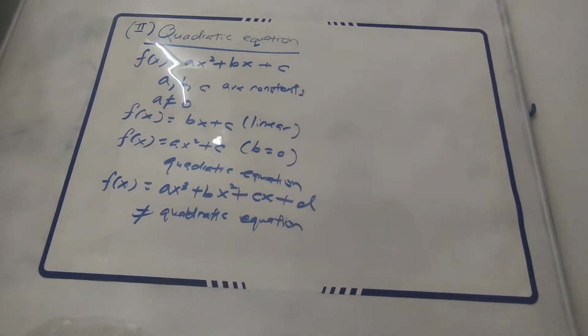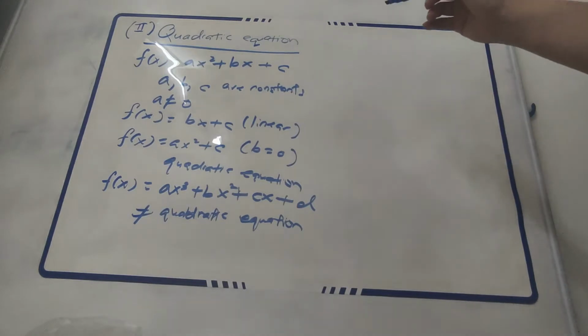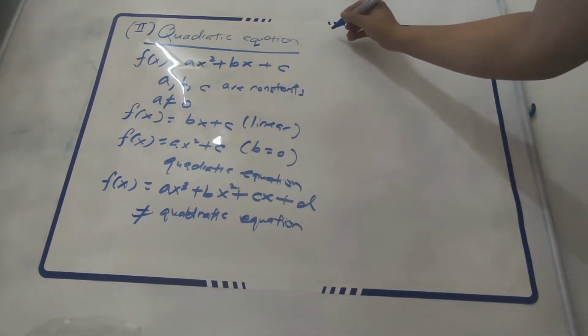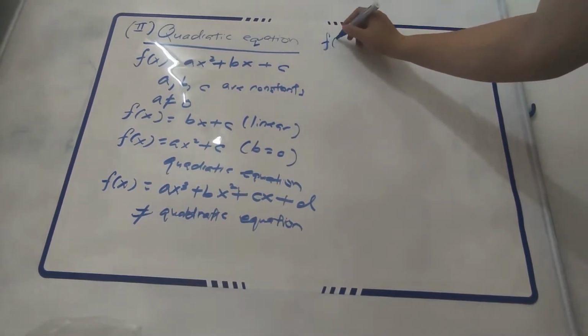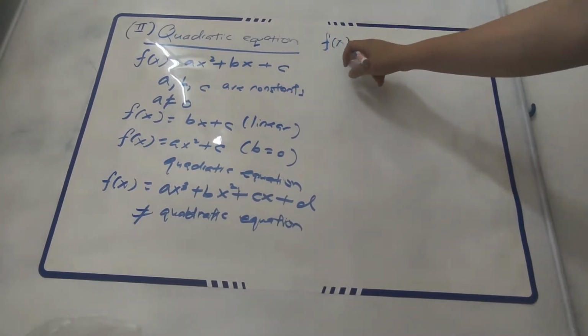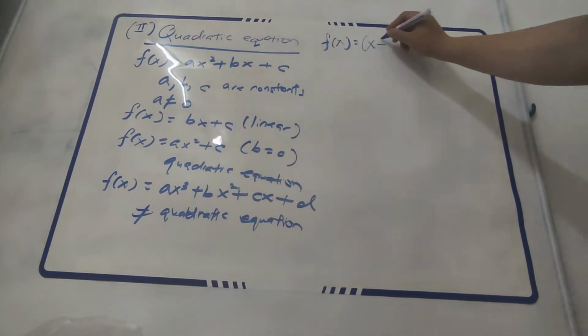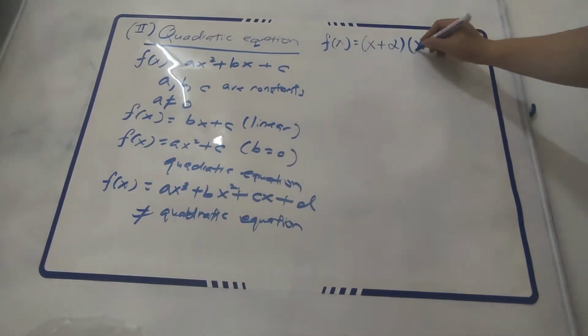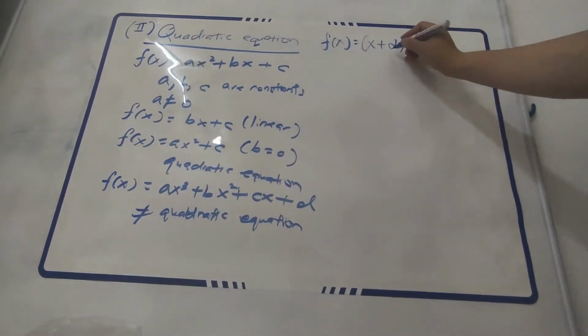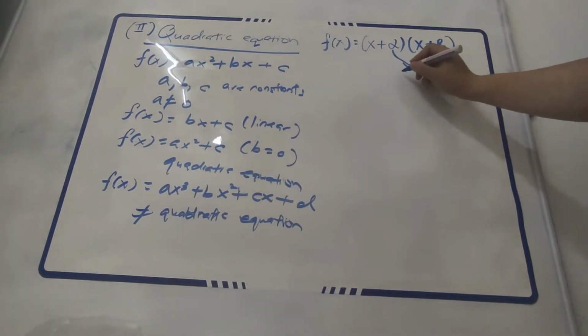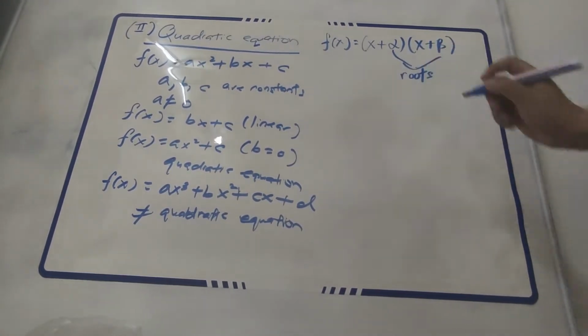And normally the quadratic equation is formed by this kind of format. Let's say you have fx, you have some terms called roots: x plus alpha, x plus beta. These two, the alpha and beta here, are known as roots.